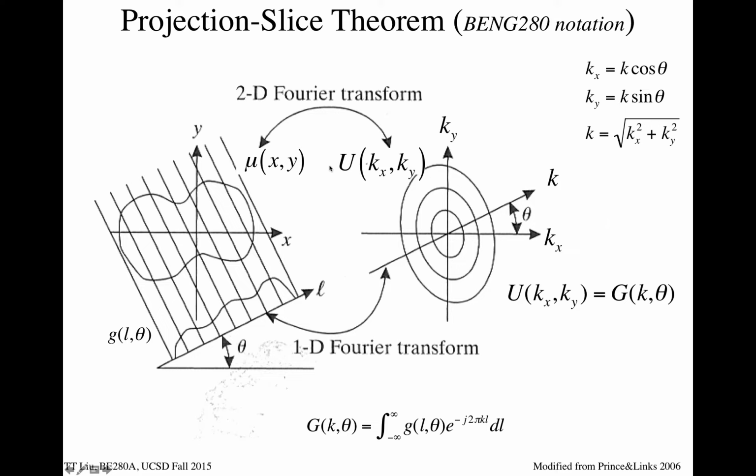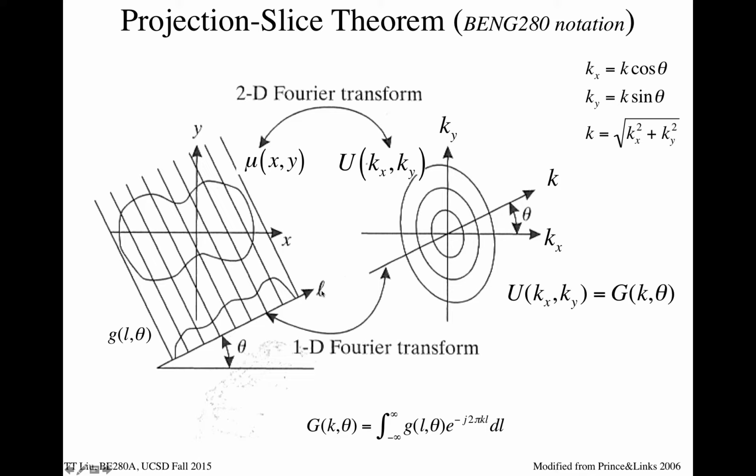In our coordinates in this course, this is going to be mu(x,y), this thing in the CT scan, and then its Fourier transform will be capital U(kx,ky). And then position along this line through this Fourier transform we'll just call position little k at theta. And then this is, as before, g_L(theta).